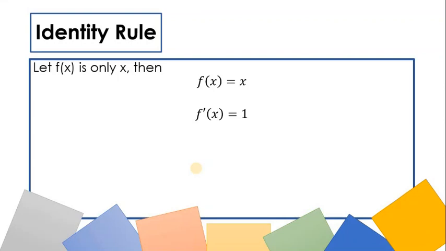That's how the identity rule works. In short, once you deal with identity, whatever number is beside that single variable x, in my example I have an invisible 1. Therefore, its derivative is 1 because that's the number beside your single variable x.